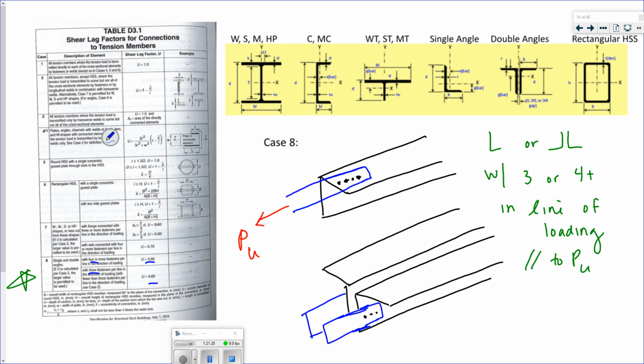Okay, so those are all of the provisions for tensile yielding and tensile rupture, incorporating a shear lag factor for your rupture. Looking at the spec. Now I'm going to do a couple of examples for calculating effective areas and then calculating actual capacities. All right.